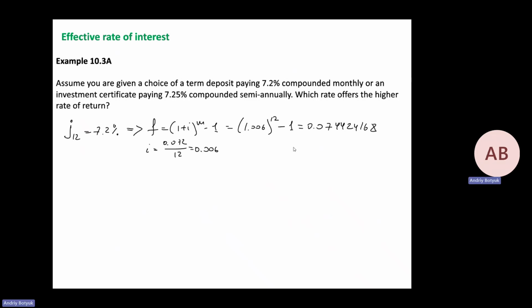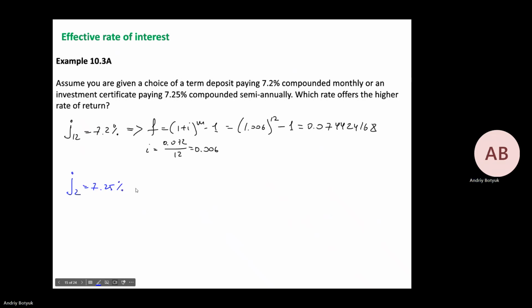So that's the effective rate of interest for J12, 7.2%. Because right there, from the glance, you cannot say which one is better. The difference is what? Five thousandths of a percent, right? But they compound a different number of times. So which one is better? We don't know.